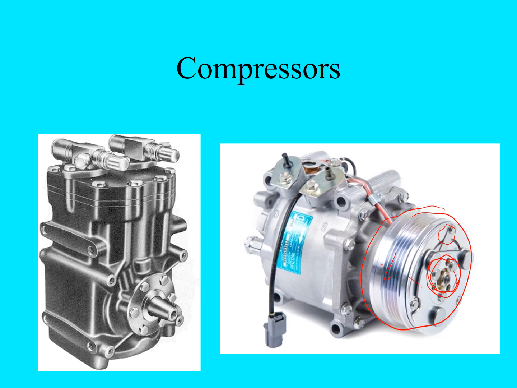But if this doesn't pull in and engage and spin at the same speed as the pulley, then the compressor did not engage, and it could be an electrical fault why the compressor didn't engage, or it could be that the refrigeration system is low enough on refrigerant that there's not enough pressure to get the switches to close to engage the compressor, and they do that as a fail-safe. Refrigeration oil has to circulate with the refrigerant to lubricate the compressor components.